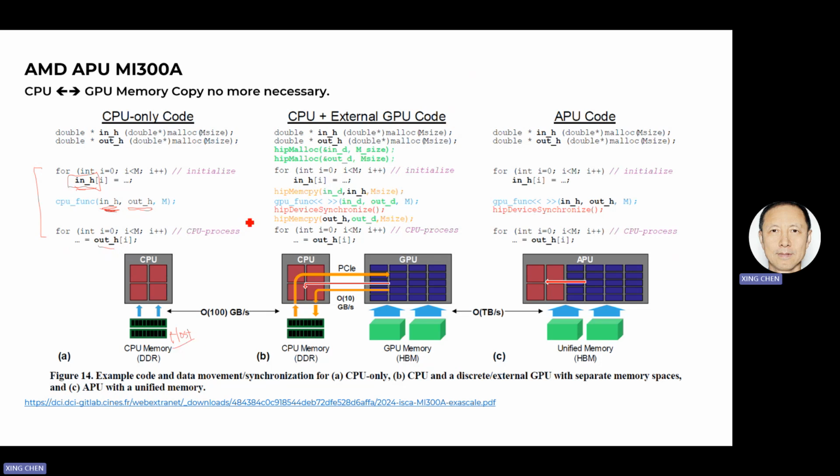But when we have the GPU connected to the host by using this PCIe link, things are getting complicated, because here the GPU memory, the green one, is discrete from the host memory. It's physically separated, and the GPU cannot access the CPU memory. So how to make it work?